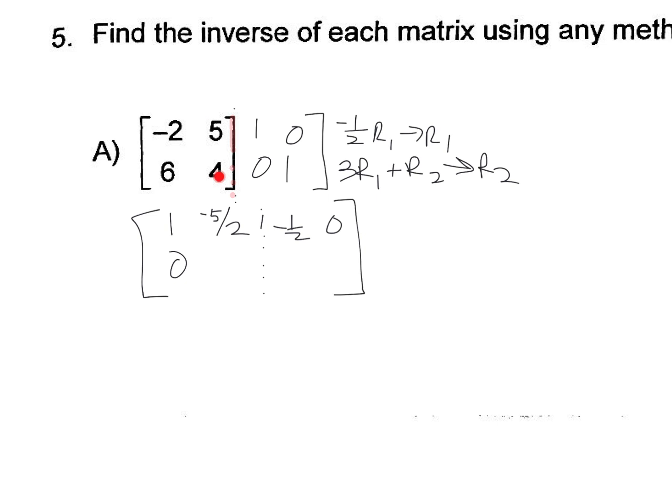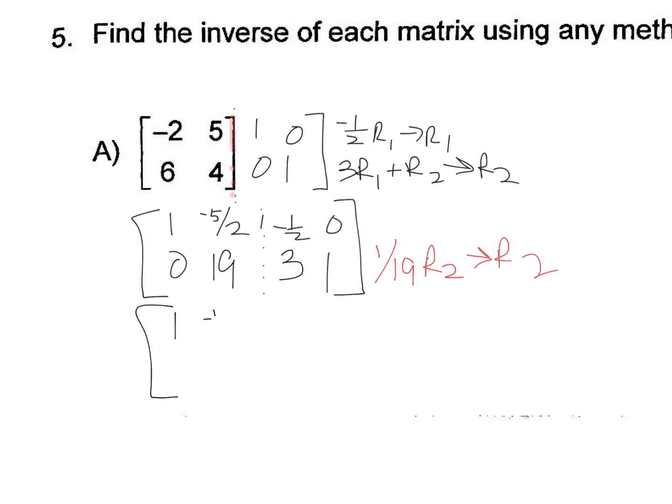Multiply this by 3 is 15, plus 4 is 19, and then we do 3 times this plus 0 is 3, 3 times 0 is 0, plus 1 is 1, and divide this by 19 to make this 1. So 1/19 times R2 gives the new R2.